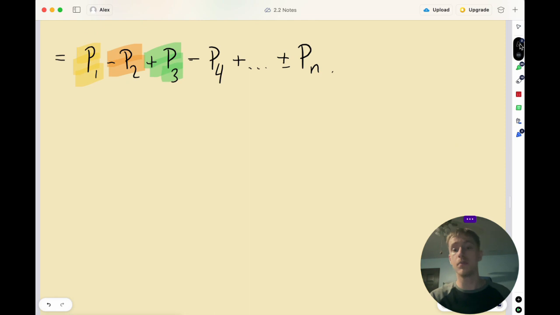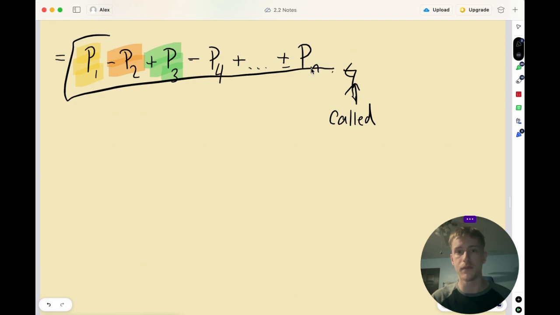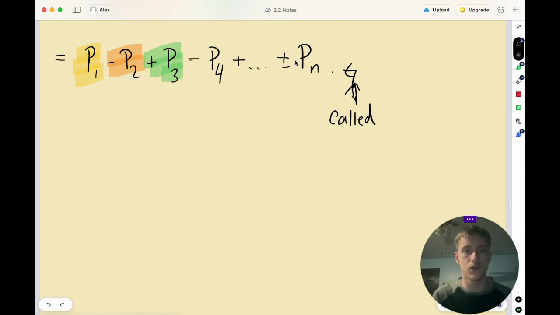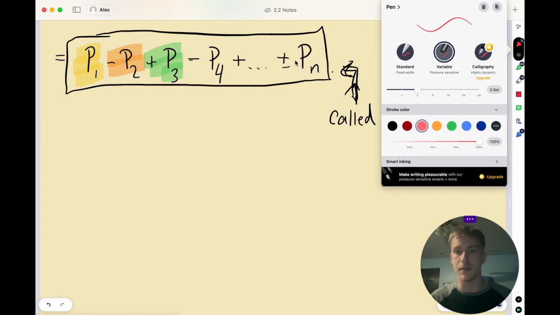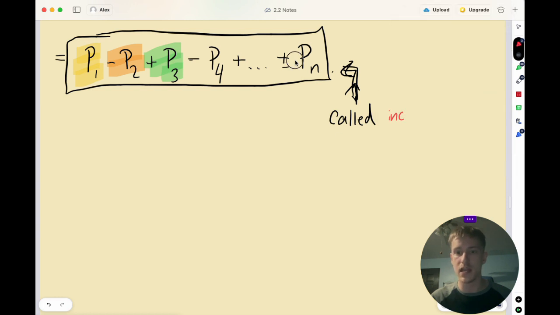Now, a couple of comments on this. I'm actually just going to box this whole formula. I'm going to draw a better box. In set theory, we actually give this a name, and we call it the inclusion-exclusion principle.